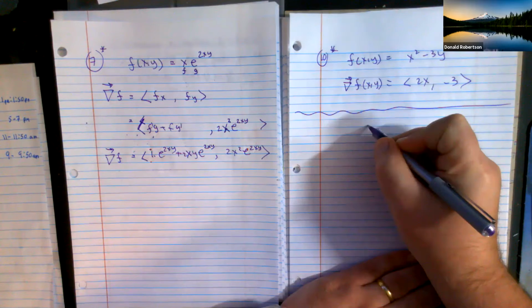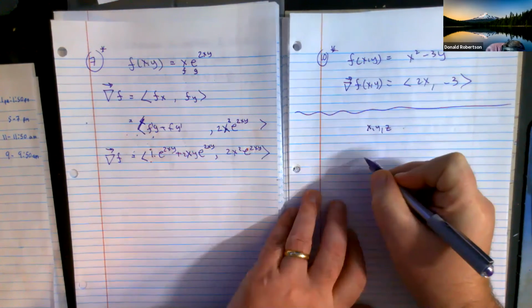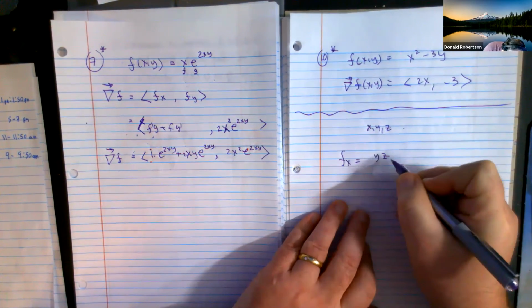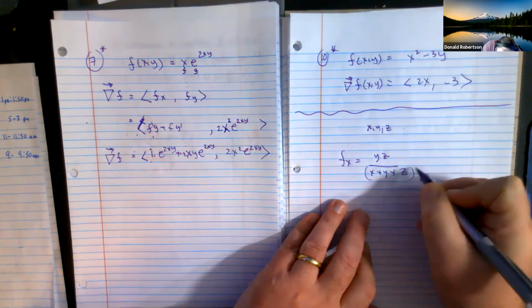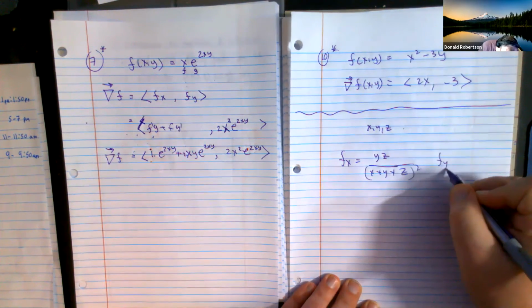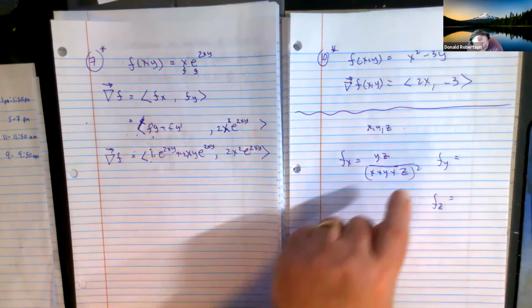we had X, Y, and Z, right? Symmetry. And I found out this fella. And it was YZ over (X plus Y plus Z) squared, right? By symmetry then, what would this one be?